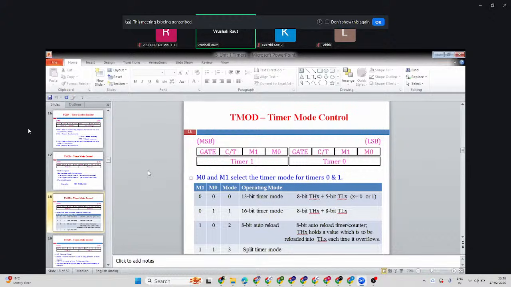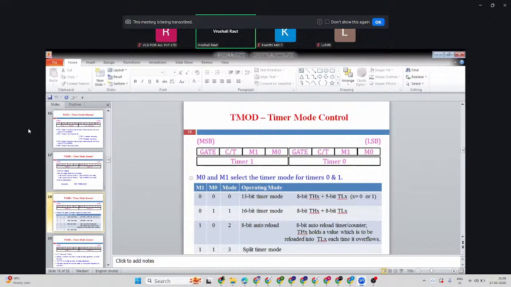Okay, so I told you about mode 0, I told you about mode 1, and then there is 1 0. When these bits M1 and M0 become 1 0, it is mode 2. That mode 2 is the 8-bit auto reload mode. What is it? An 8-bit auto reload timer/counter.